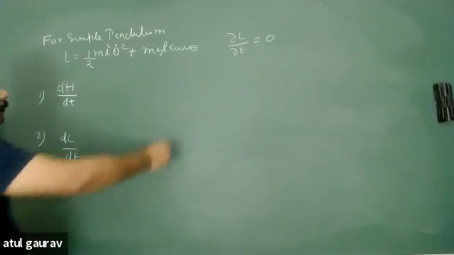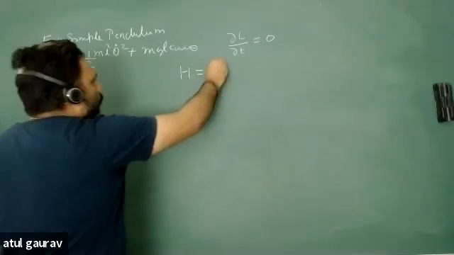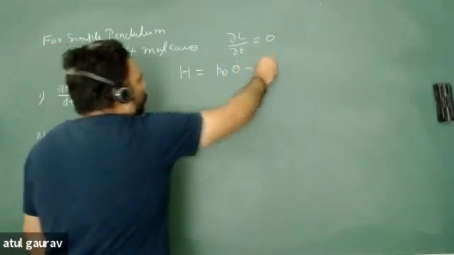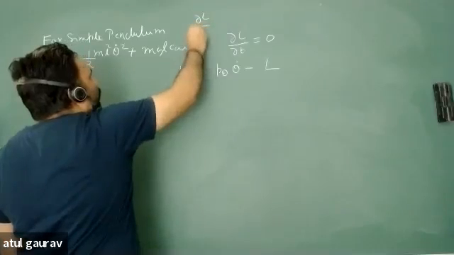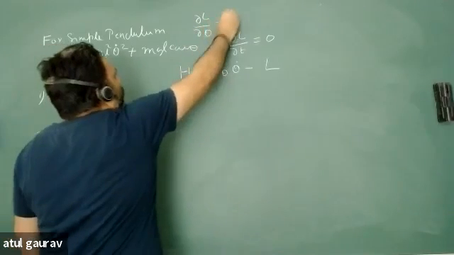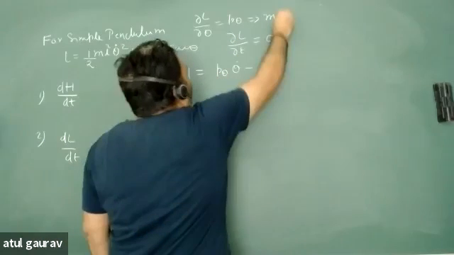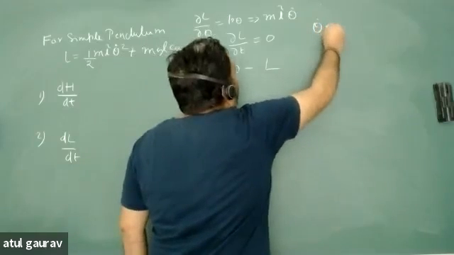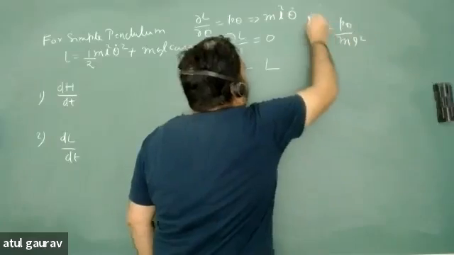So first we have to write the Hamiltonian. The Hamiltonian is P theta theta dot minus L. And what is theta dot? Del L upon del theta dot is equal to P theta, and this will be ml square theta dot. So theta dot is equal to P theta upon ml square.